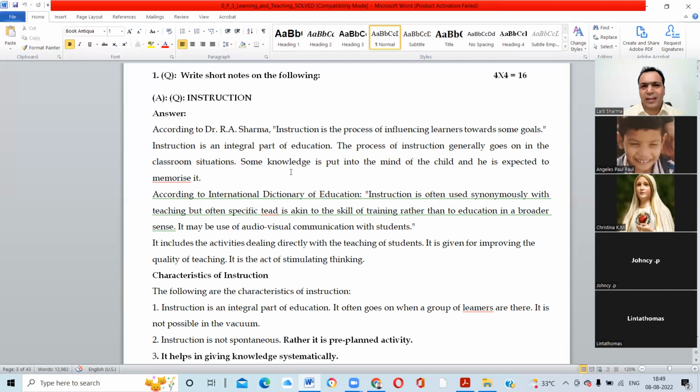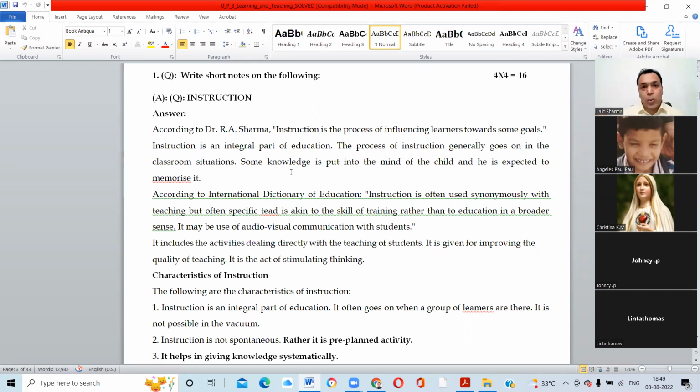So instruction means, suppose we give an instruction. Instruction is a pre-planned activity. For example, we give an instruction to the computer on a particular thing. Instruction is given by some instructor. The duration of an instruction is less, it is not long, it doesn't go up to life.